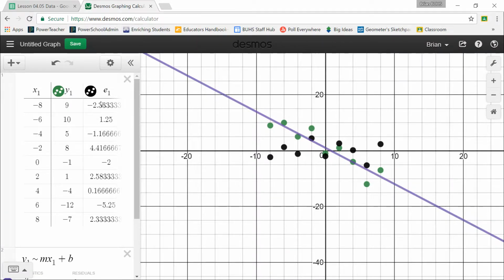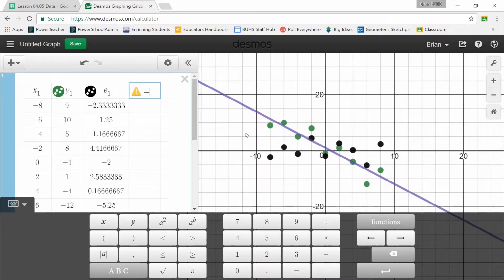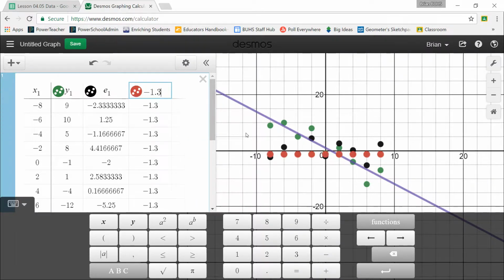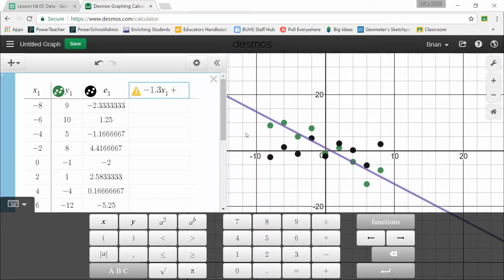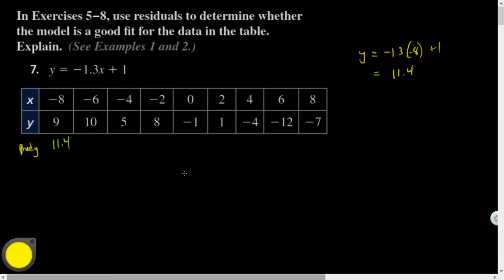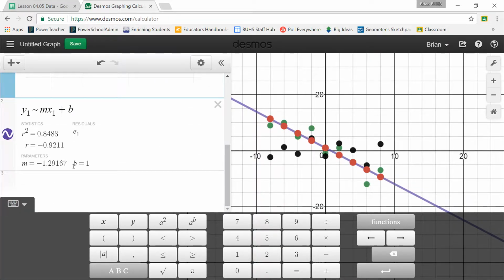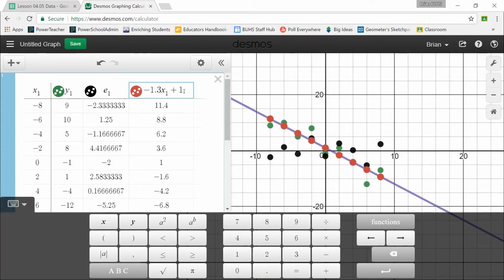No? All right. The other thing that we were able to do was type in our model. I think if I just do negative 1.3 times x1 plus 1, if I wanted to actually use their equation instead of the best fit one, we could do that.